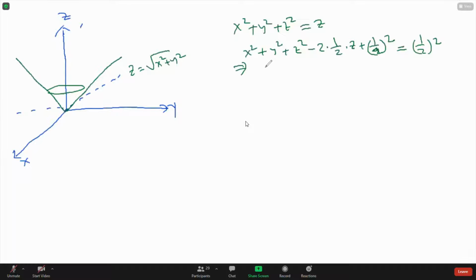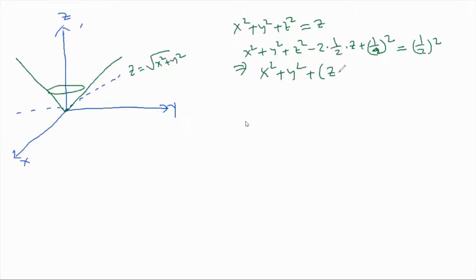So that becomes x squared plus y squared plus z minus 1/2 squared equals 1/2 squared. And why did I do that? Because then you know the center of the sphere is 0, 0, 1/2, right? And the radius is 1/2.